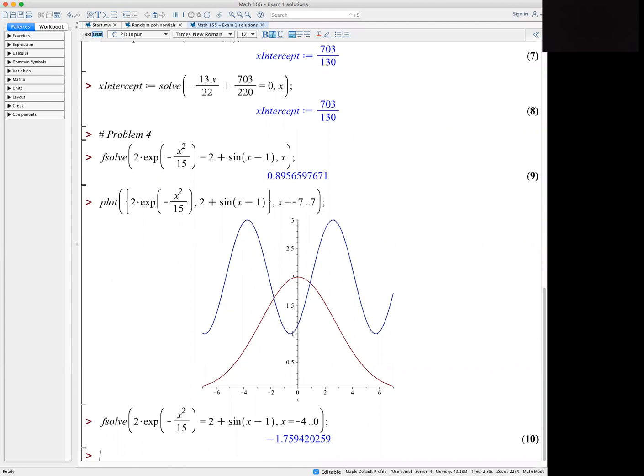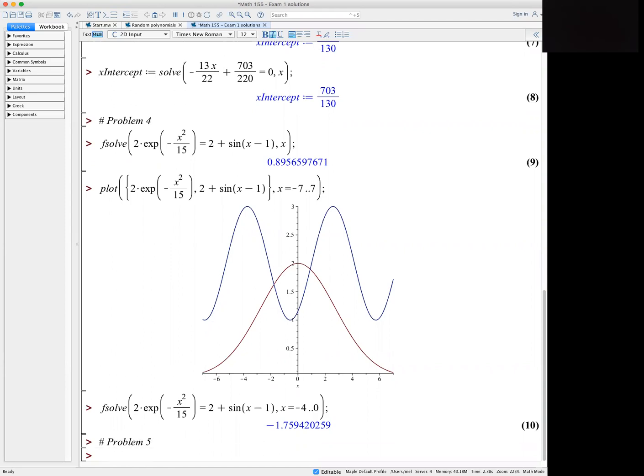Problem 5, we have to take a certain limit. So the limit of what?